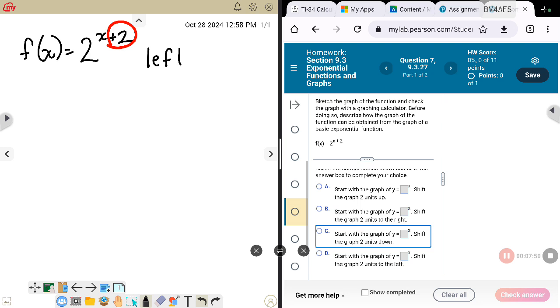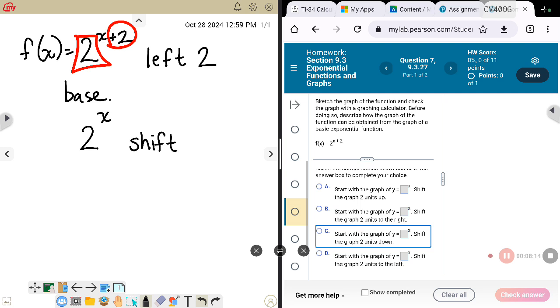To the left 2. This number is called your base. That will become important when we are doing the graphing in MATLAB. So we are going to start off with the base of 2 to the x power, and we're going to shift it horizontally to the left 2.